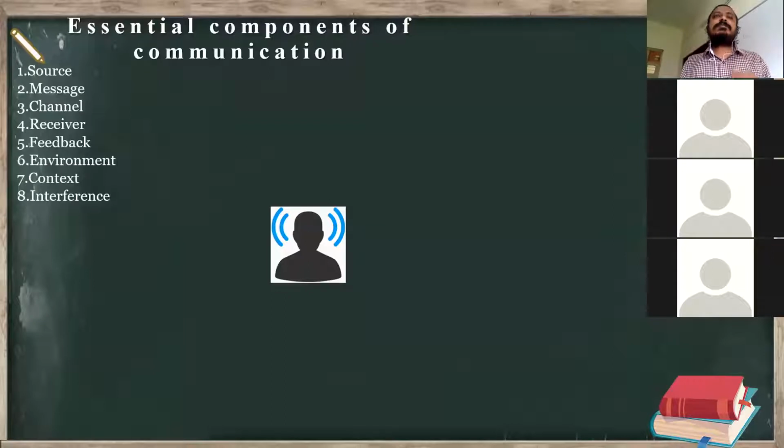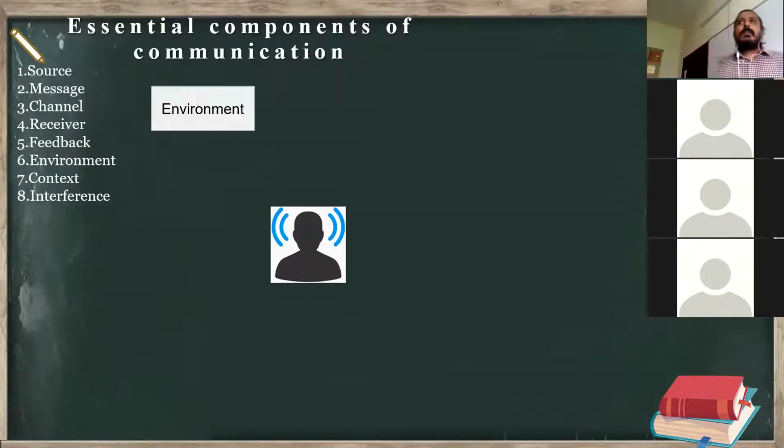For example, if CVM is communicating to its employees, then the CVM university becomes the source of communication. That means the person or the institution or a group of people sending or initiating a message becomes a source or sender. They send from a particular environment.